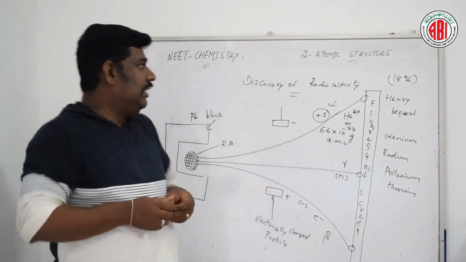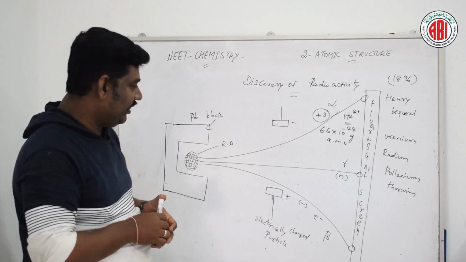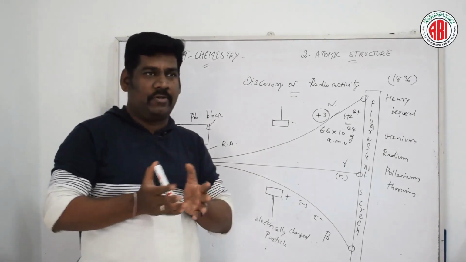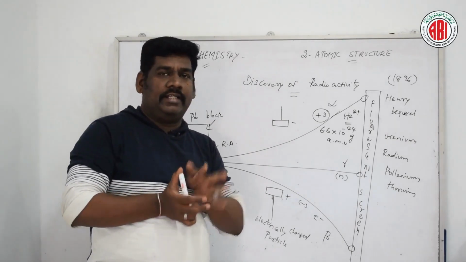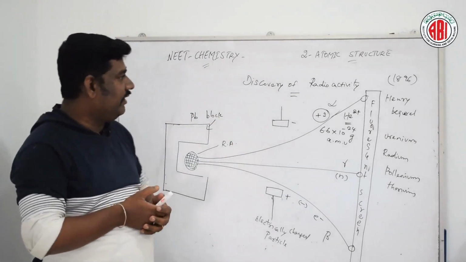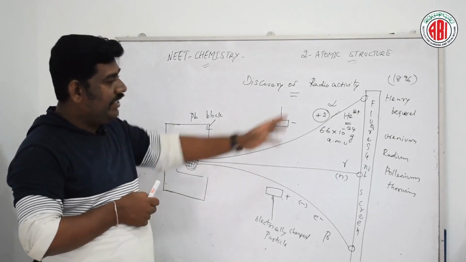Now let us have a quick recap about this discovery of radioactivity. As we discussed, the discovery of cathode rays and anode rays led to the further discovery of radioactive substances. First of all, we should know the meaning of radioactivity.